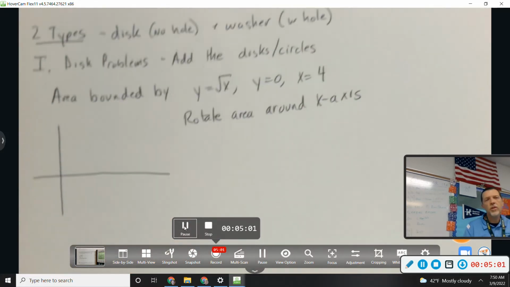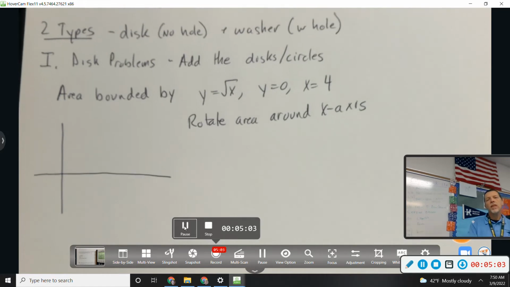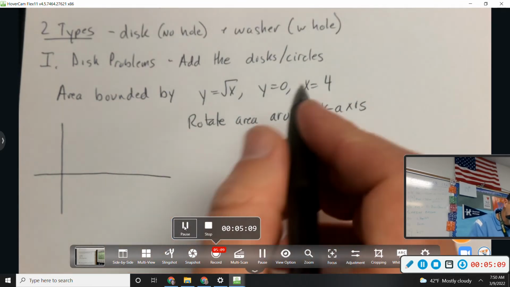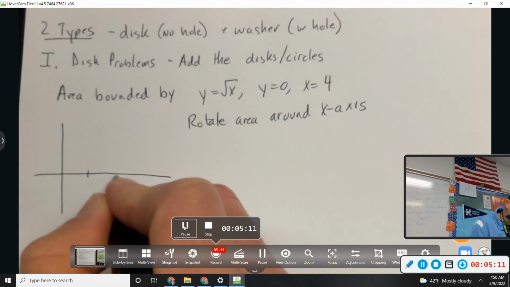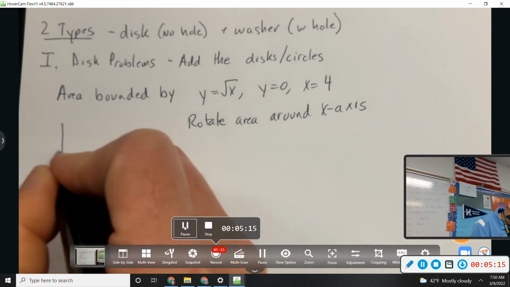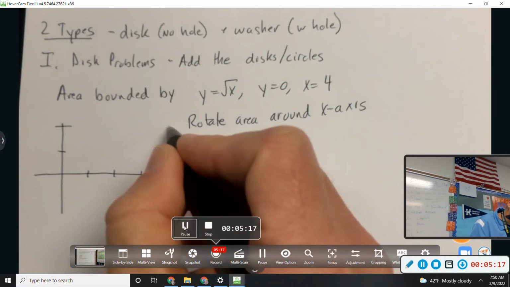Alright, so let's draw the base, and then we'll worry about how to draw the rotated thing. So square root of x, I know what that looks like. I'm only going out to 4. And the square root of 4 is 2.